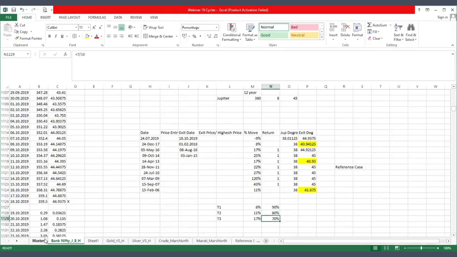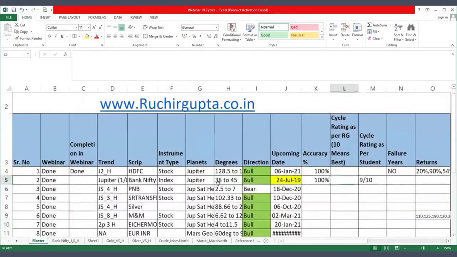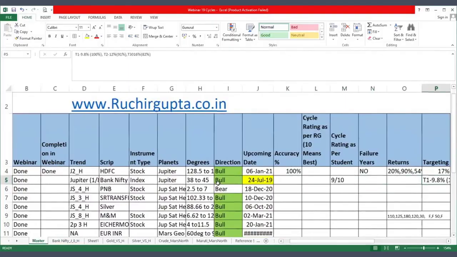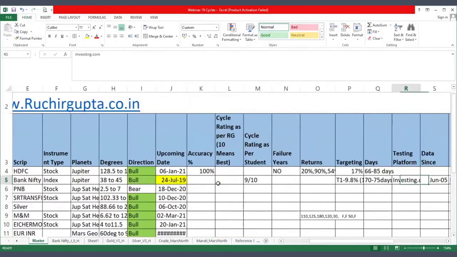Now let's feed this into Excel. 8%, probability is 90%.